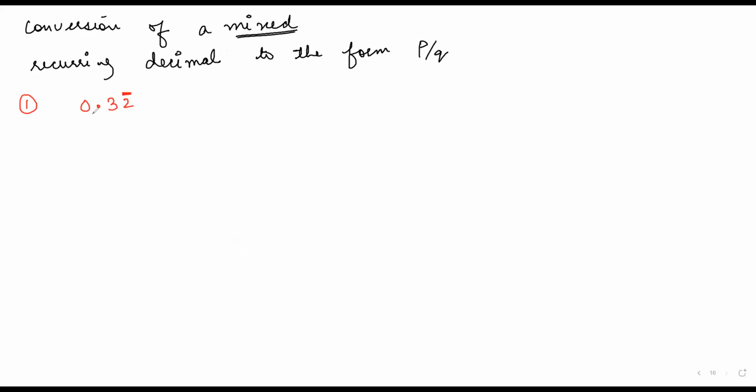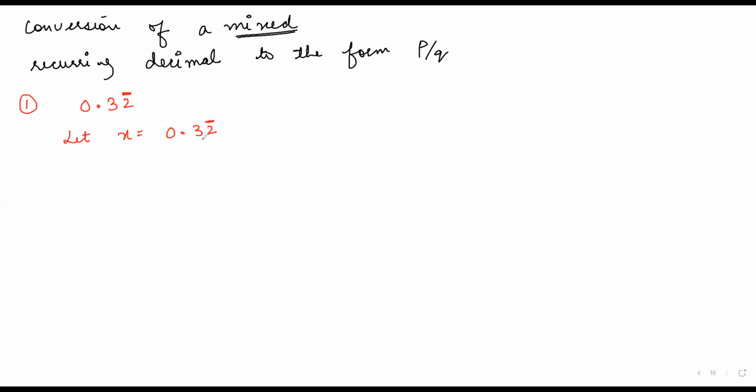Now this time, same, start like this. So x is equal to 0.32 bar. Clear? Right? Yes. Okay. So we see how many digits are there without bar. So on the right side, I have only one digit without bar.